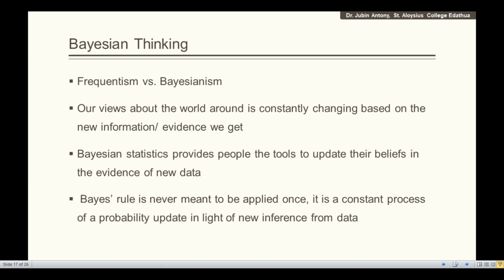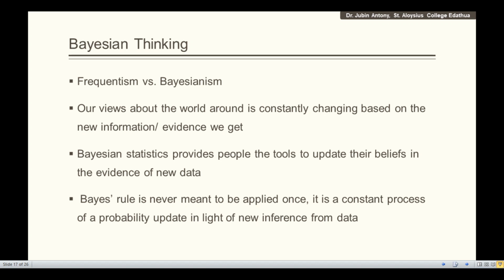For frequentists, probability is fundamentally related to frequencies of events. For Bayesians, probabilities are fundamentally related to our own knowledge about an event. Bayesian statistics provides people the tool to update their beliefs or probability based on new evidence.